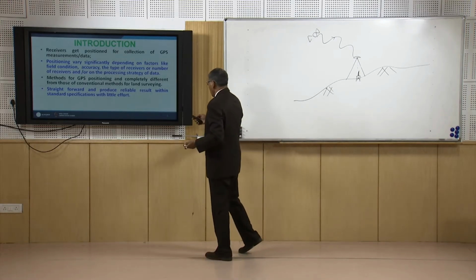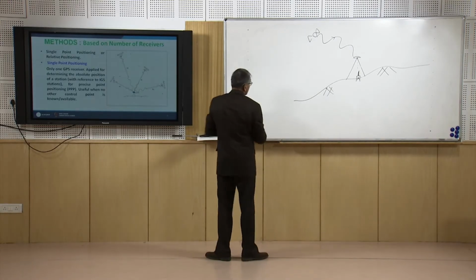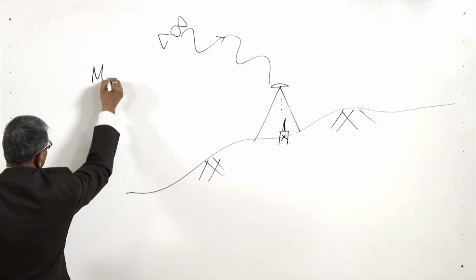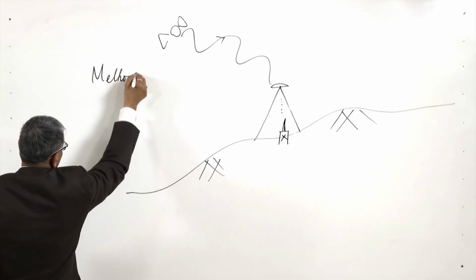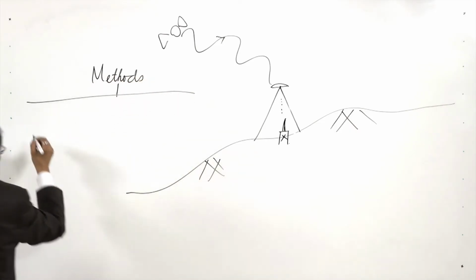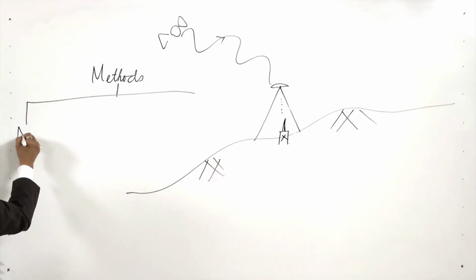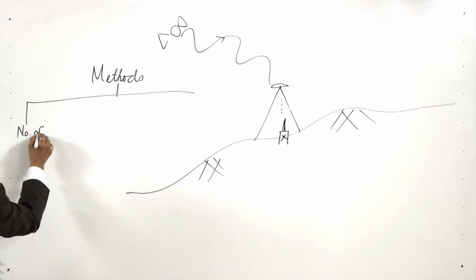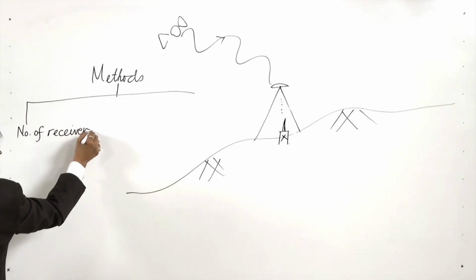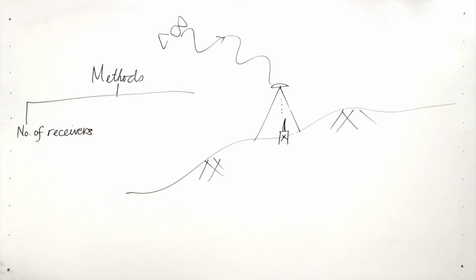Now, as I told you, the methods for GPS receivers will be based on different criteria. The first criterion we take is the number of receivers.